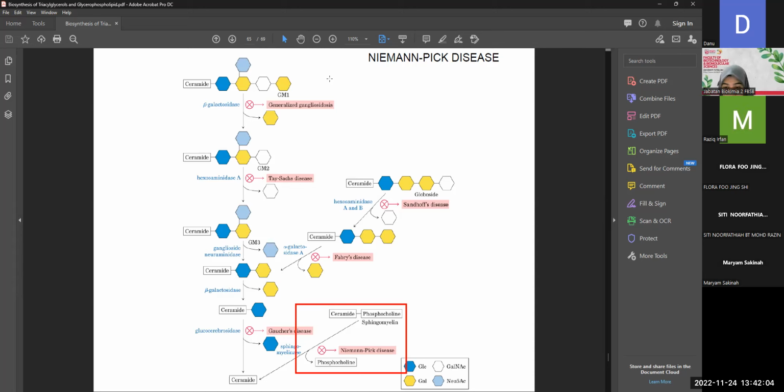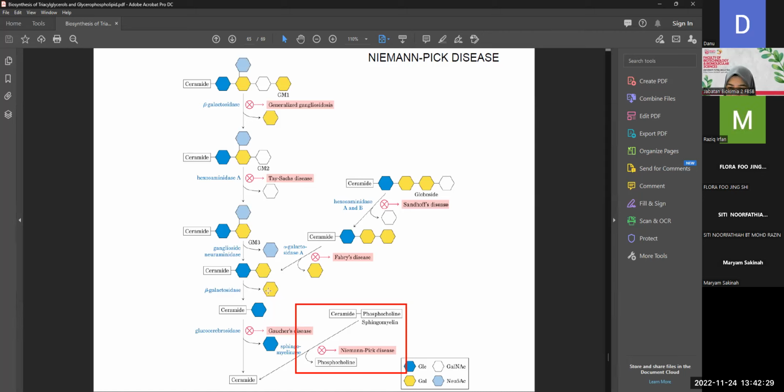Okay, let's say there is a deficiency of the enzyme hexosaminidase. This deficiency will cause the accumulation of GM2, and this explains the disease known as Tay-Sachs disease.